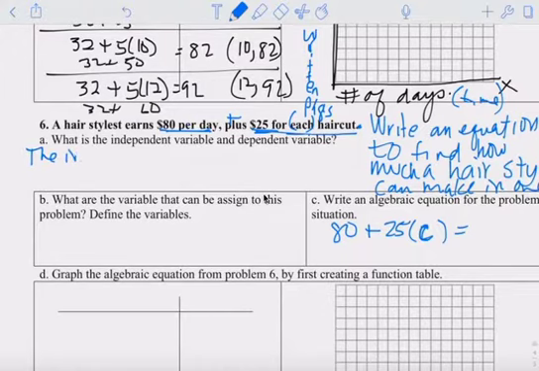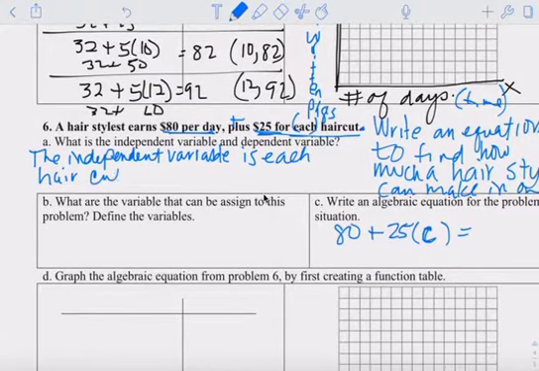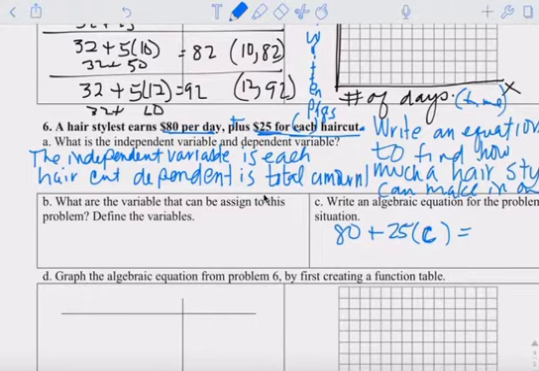So the independent variable is each haircut, and the dependent variable is how much they make, the total amount made each day.